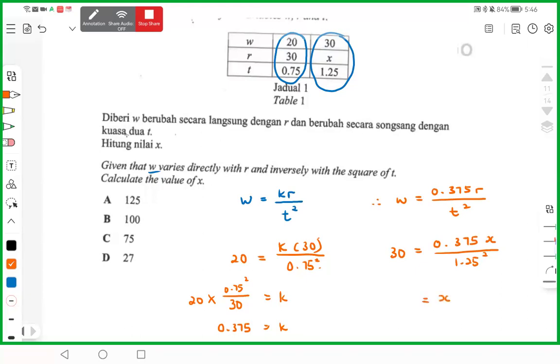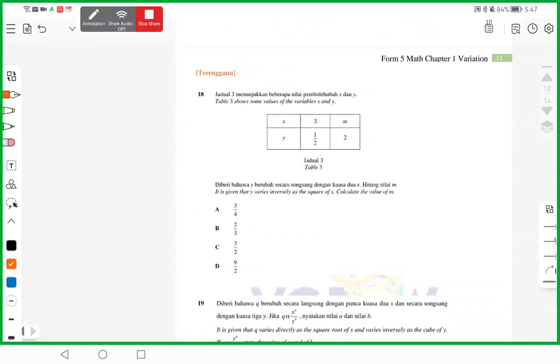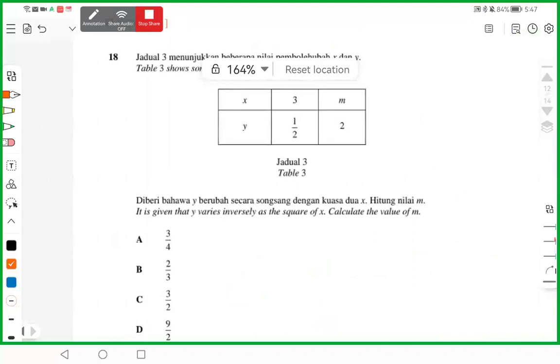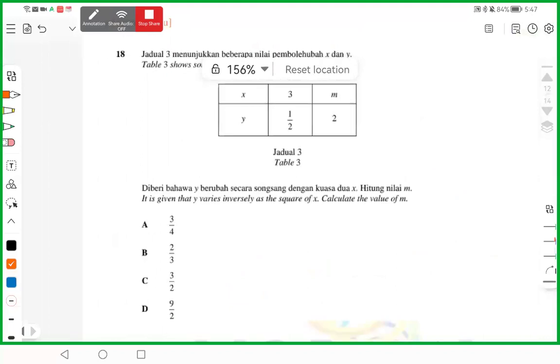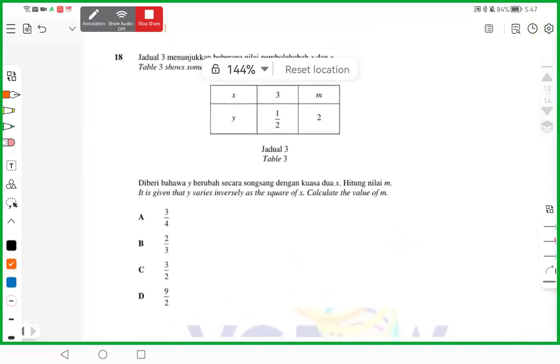So what is your value of x? 125. Okay, correct. Yes. Perfectly done. So Terengganu also is in table form. Similar. Okay, I just leave it. Okay, 1 minute. We try to get the answer.